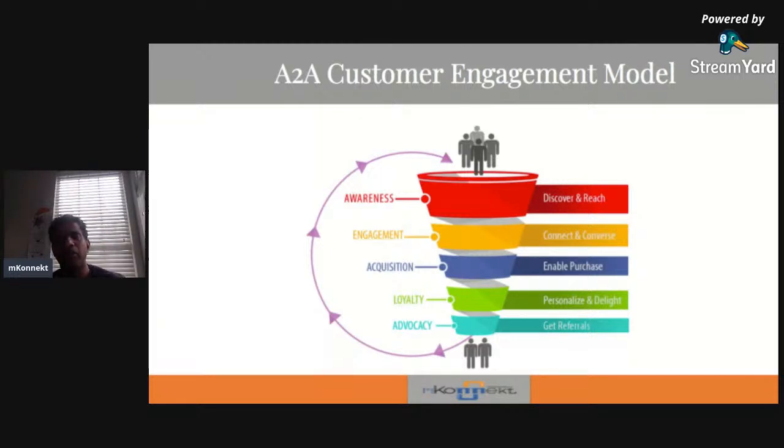Our platform enables restaurants to walk through this life cycle and collect customer data, which will enable them to come up with more personalized marketing actions.